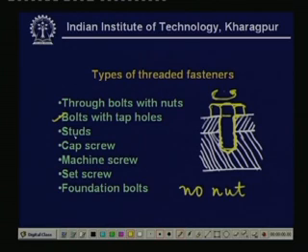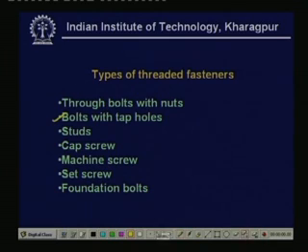Now, what is a stud? A stud is very much like bolts with tap holes, but we use the nut over here. How does it look? Let me explain. Again, here we have two plates.